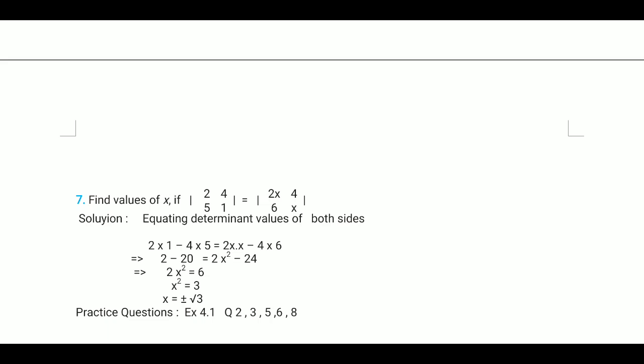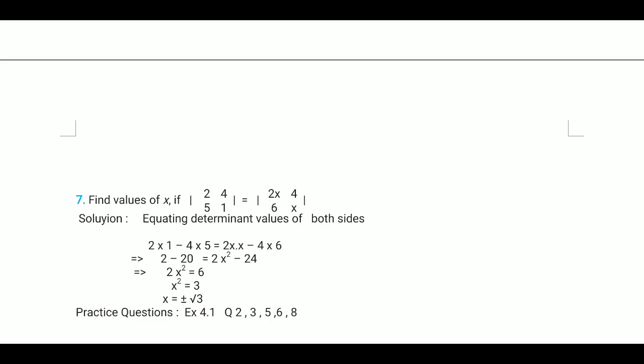Now there is question number 7 from your exercise: find the value of x if one determinant is equal to another determinant. Here is the difference between matrix and determinant. In case of matrices, if two are equal, then we equate the corresponding elements of both sides.